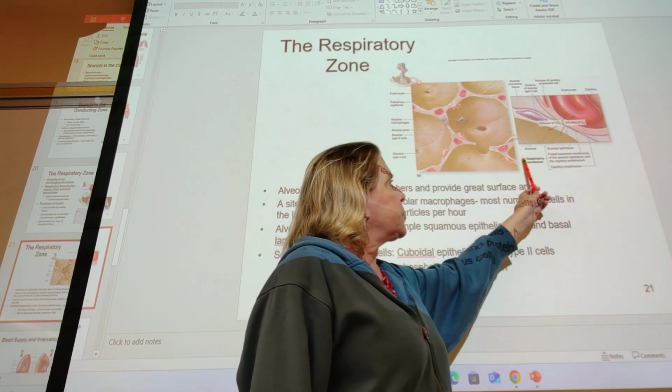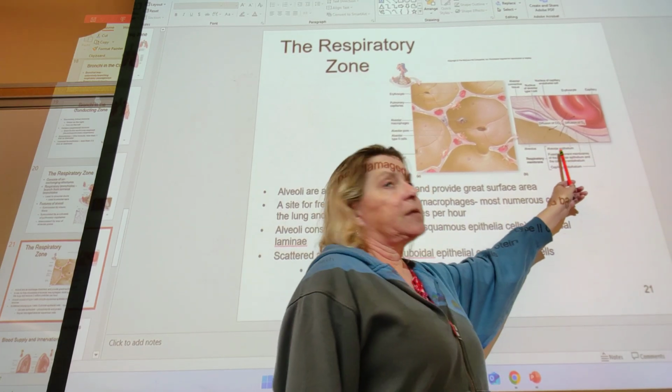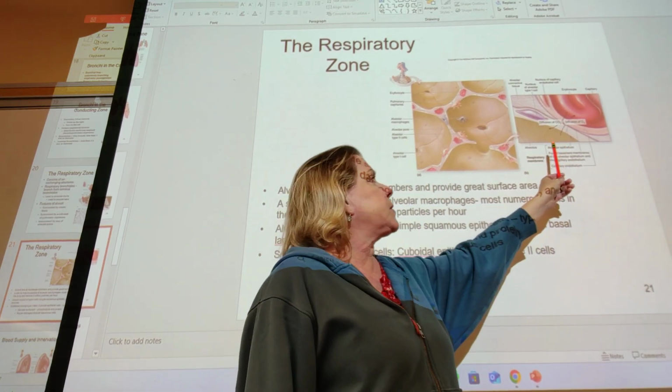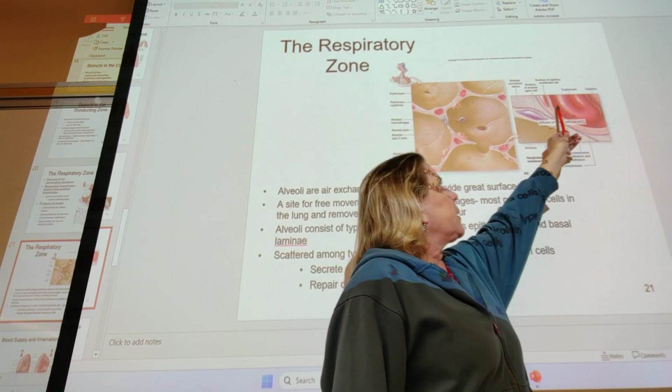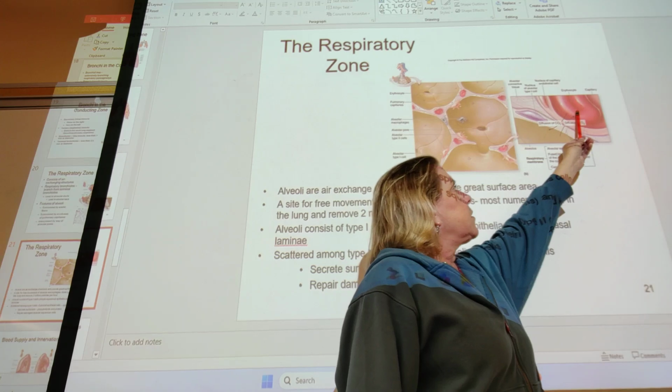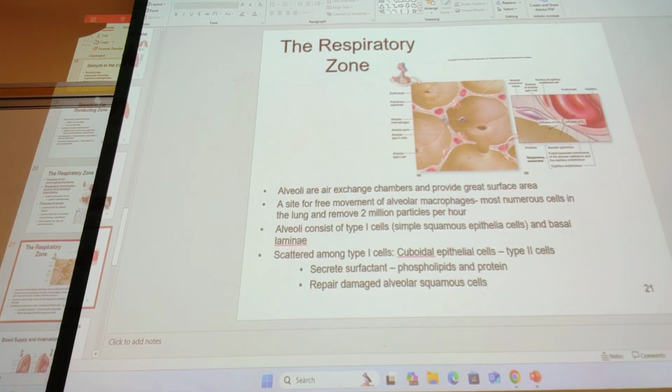So right here, respiratory membrane, alveolar epithelium, it's type 1 simple squamous cells, fused basement membranes, and then the capillary endothelium, and you can see the red blood cell in there. Thinnest possible distance for gas exchange.